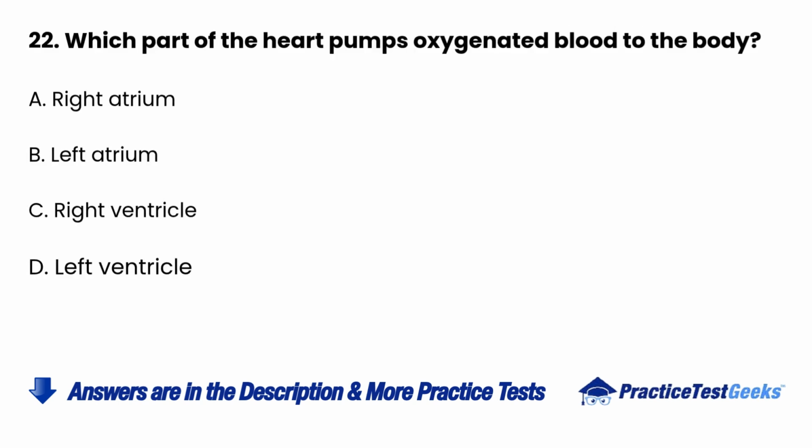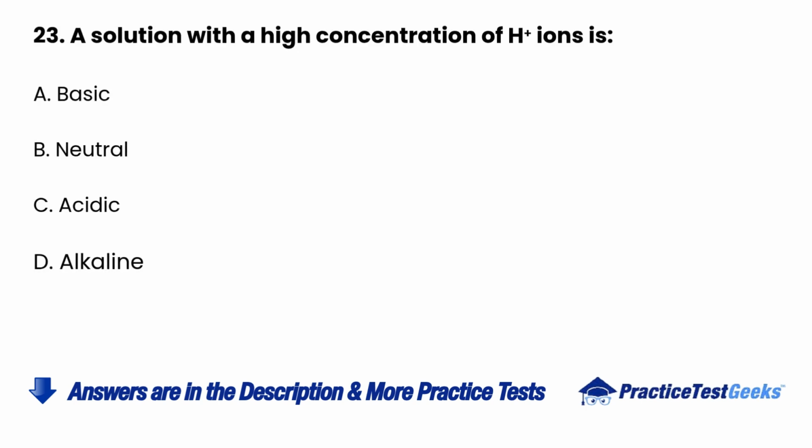22. Which part of the heart pumps oxygenated blood to the body? A. Right atrium. B. Left atrium. C. Right ventricle. D. Left ventricle. 23. A solution with a high concentration of H ions is A. Basic.